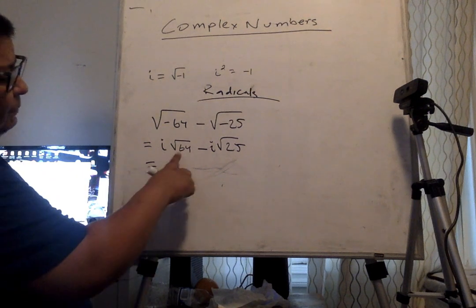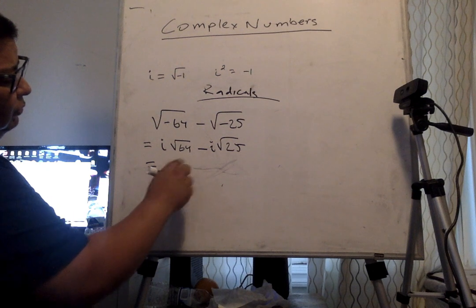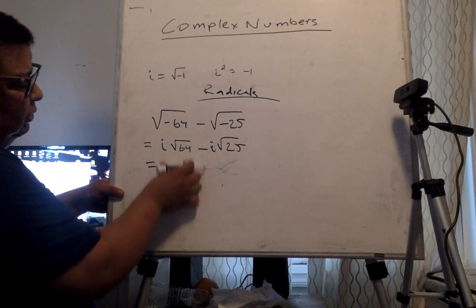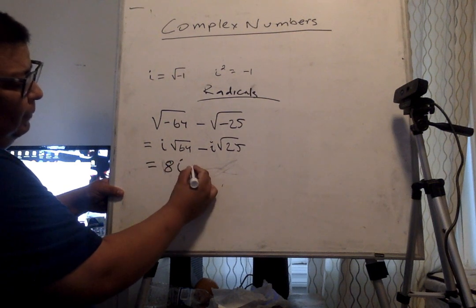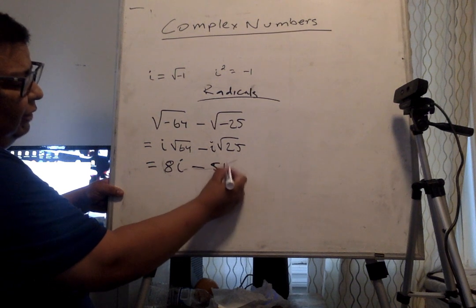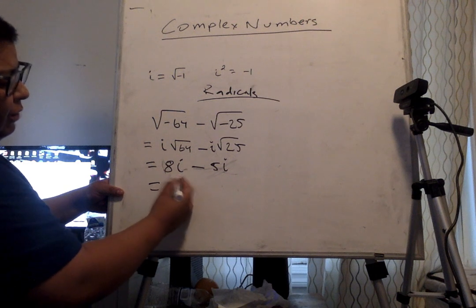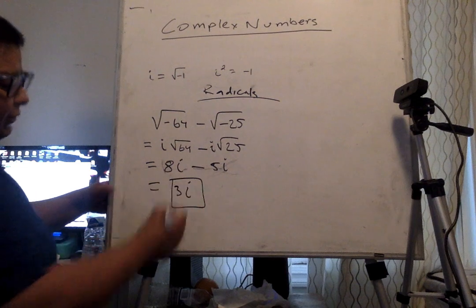Okay, the next step is just to compute the radicals. So square root of 64 is 8, so we can put 8i, minus square root of 25 is 5, so we can put minus 5i. Final step, combine imaginary parts. So 8i minus 5i, that would be 3i, and that's the final answer.